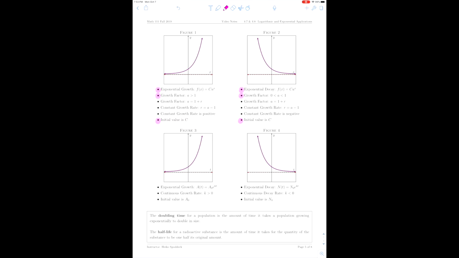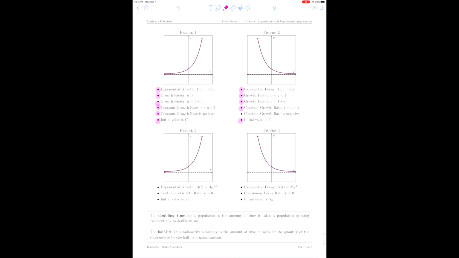We also started to look at a as 1 plus r, and r in this case is our constant growth rate. I wrote it down here in two ways. Here we see a is 1 plus r for both. However, due to the nature of a, if we solve this equation for r, then we get in both cases r equals a minus 1. When a is greater than 1, then a minus 1 is a positive number.